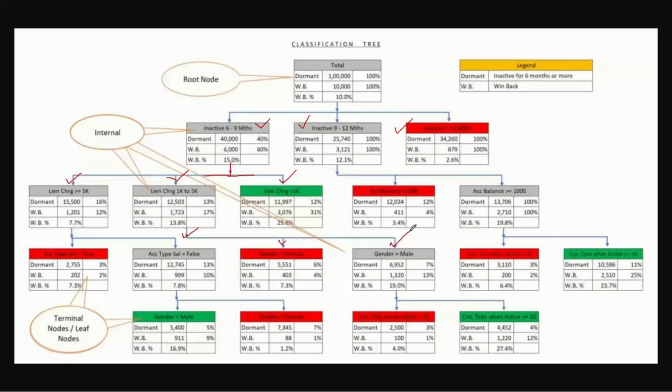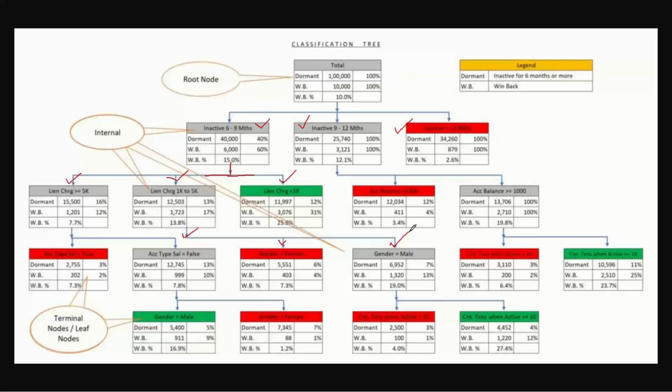There is a starting root node. You have to identify the variable by which I can get a better separation between the response class vis-a-vis the non-response class. You get certain child nodes. Each child node is further evaluated to see if we can break it down further.